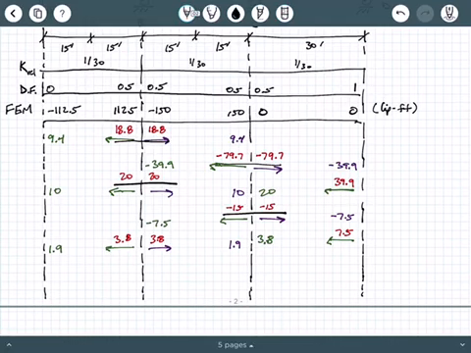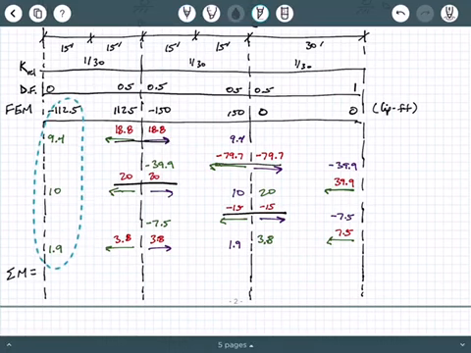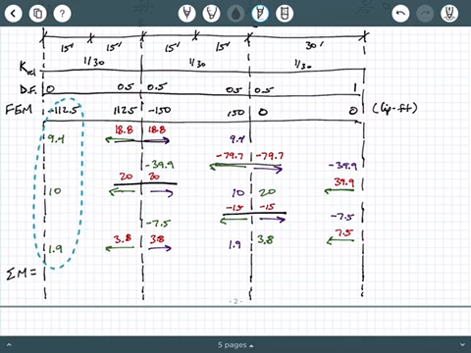But once you've gotten pretty good closure, you would say sum of the moments here equals, and you would sum vertically down, including the fixed in moments. You include the fixed in moments. So let's look at the moment at A first, negative 112.5, and I'd say plus 9.4, plus 10, plus 1.9.